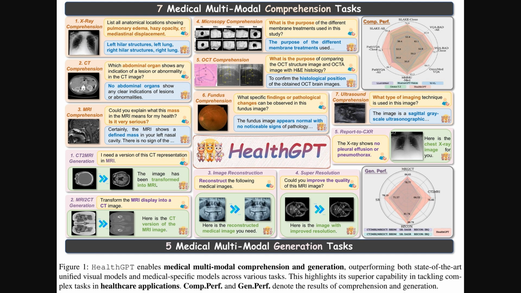And then the bottom half shows 5 generation tasks, things like converting a CT scan to an MRI representation, reconstructing images, improving resolution, and even generating a chest X-ray from a text report. The figure also includes charts showing HealthGPT's performance, demonstrating it generally outperforms other models on both types of tasks. It really showcases that unified capability we talked about.